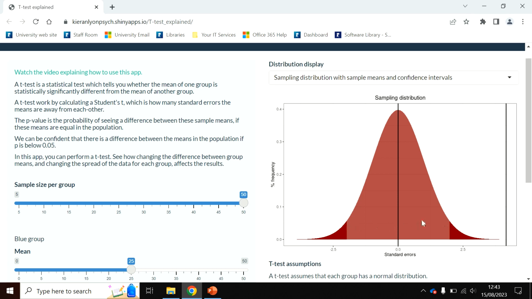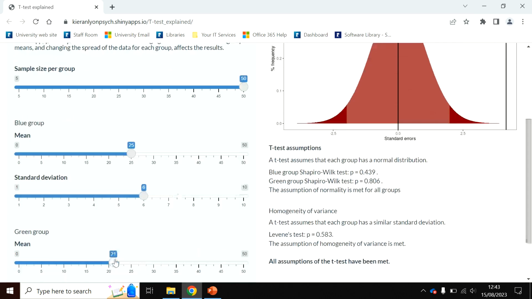And that means that if the difference between means is large enough that the other mean is in the critical region in the red here or further, there's a less than 5% chance of seeing that difference between means if there's no difference between means in the population.